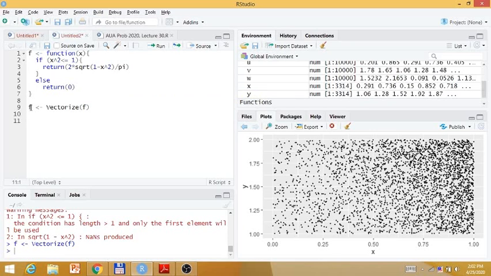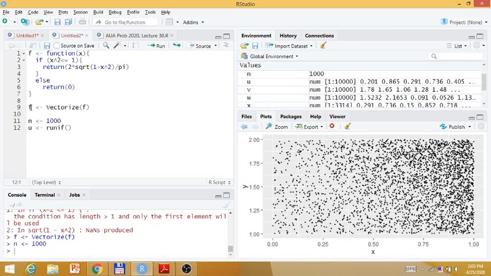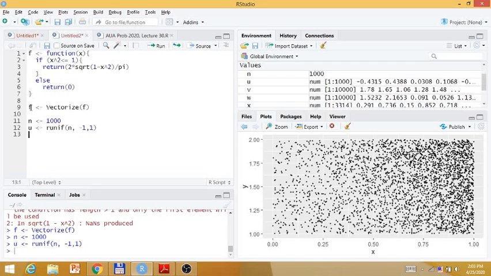So I'm generating u and v. This is one dimensional, so I will take two values, u and v. So u is runif, this is for x. How many points do I need? Let me use n again, say 1000. I want n points from uniform from -1 to 1.